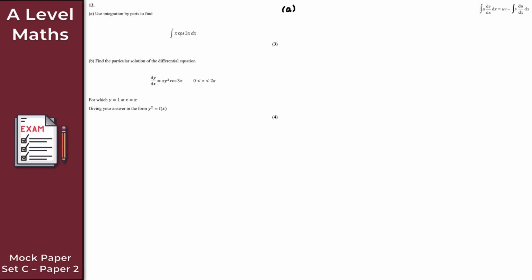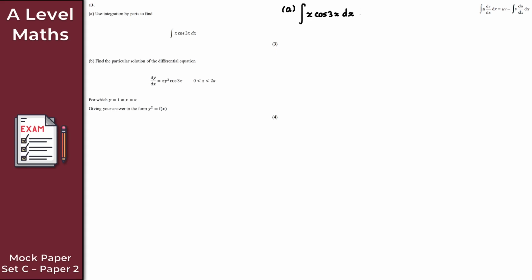So what we want to do here is use integration by parts to find this integral here. Now what I've also included in the top right corner here is the relevant result for integration by parts as it is given in your formula book. So what I've got here is the integral of x cos 3x with respect to x.